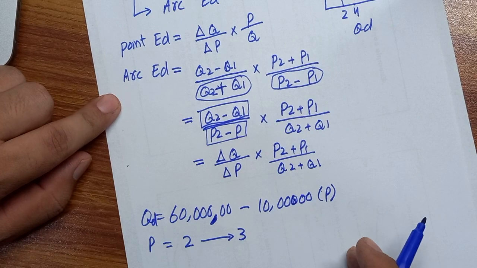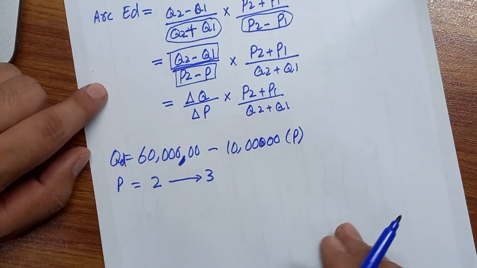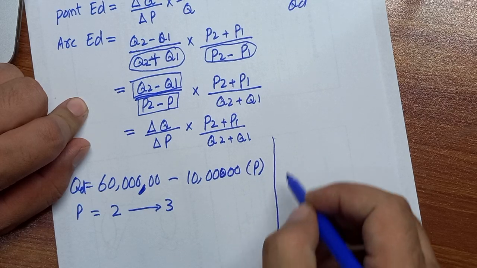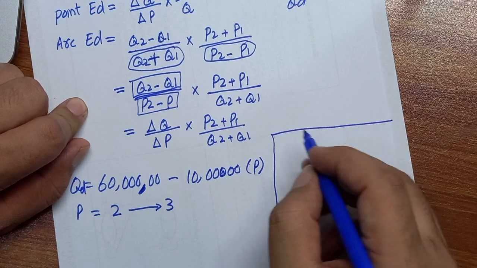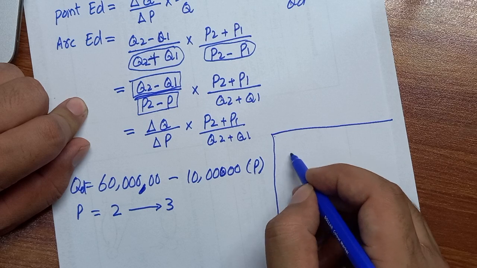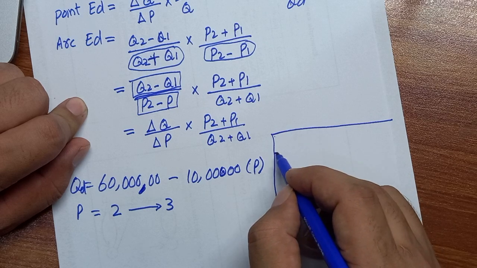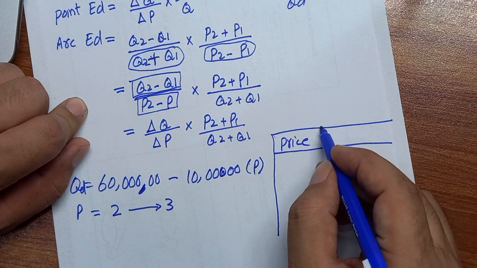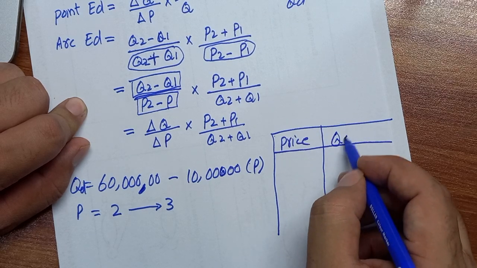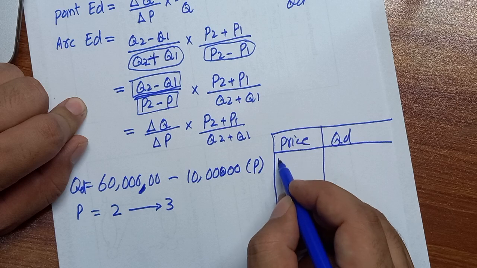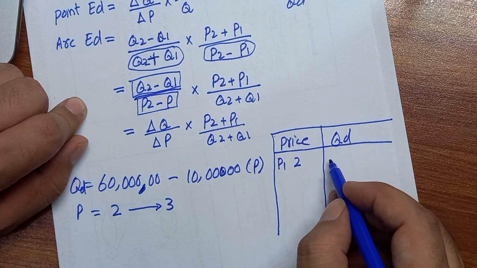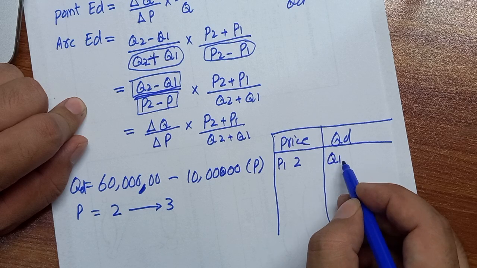So we will make a table for it. Here we have price and here we have quantity of demand. When P1 is 2, what is the value of Q1?